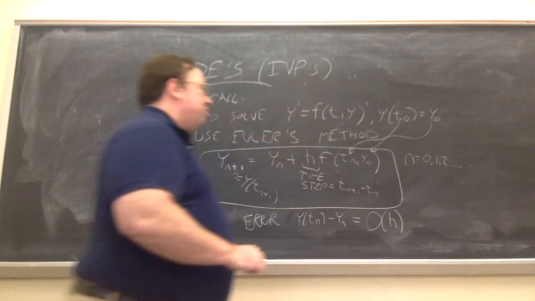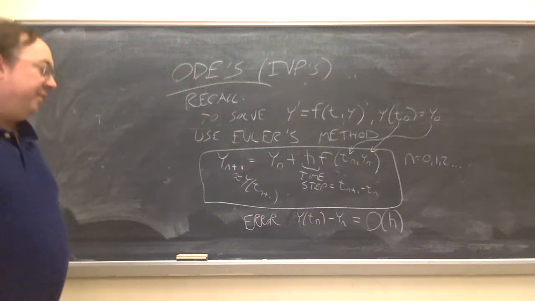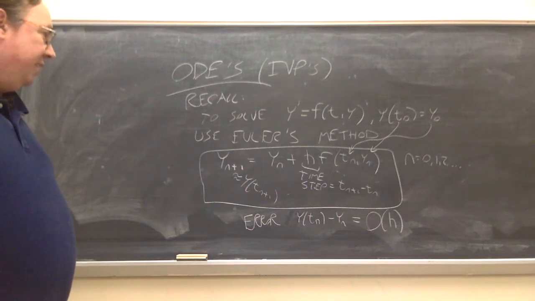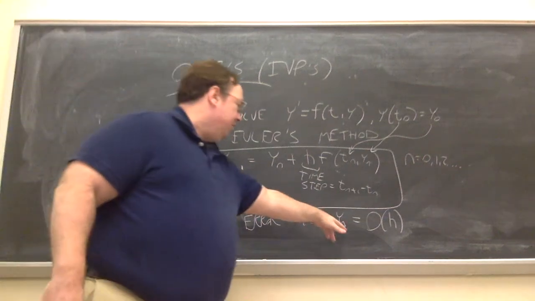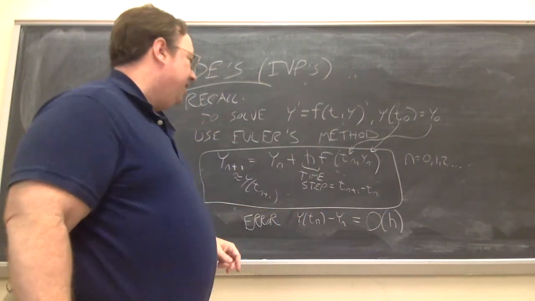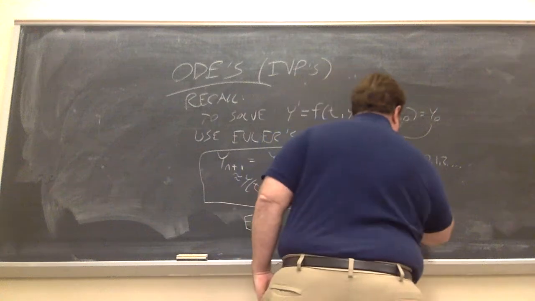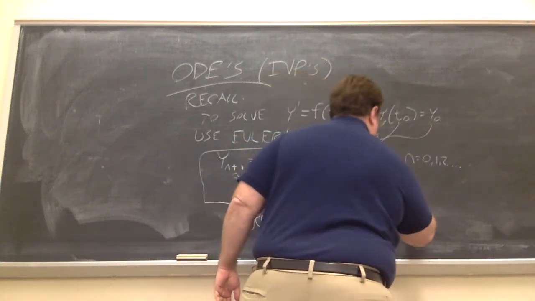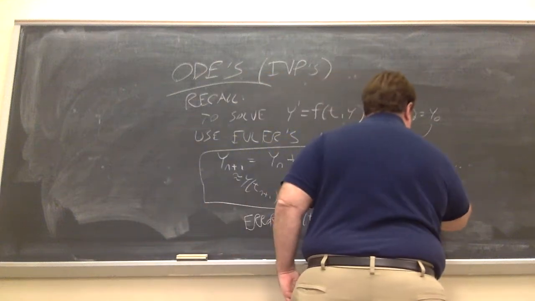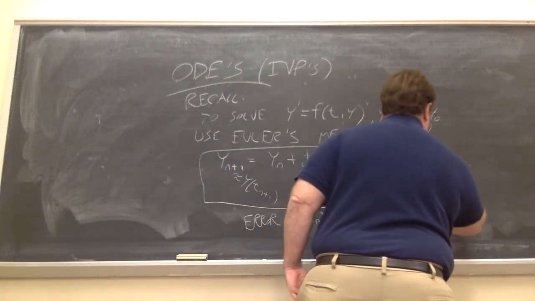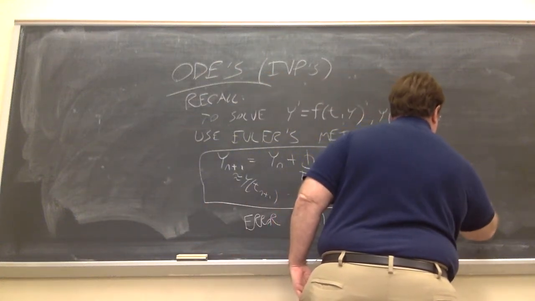In other words, it's proportional to h, the time step size. So we saw that as h goes to 0, the approximate solution does converge to the exact solution. But because it's proportional to h to the first power, we say that this method is first order accurate.